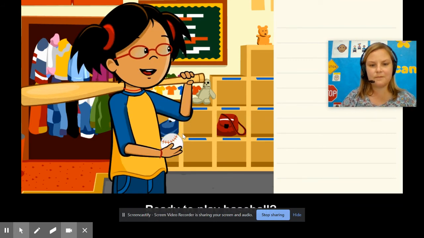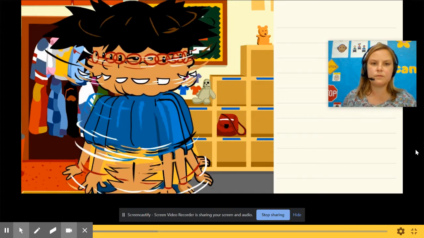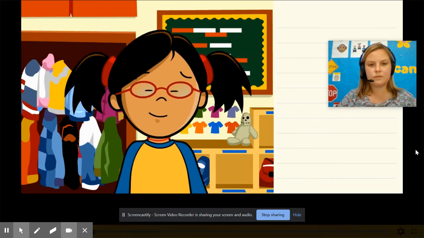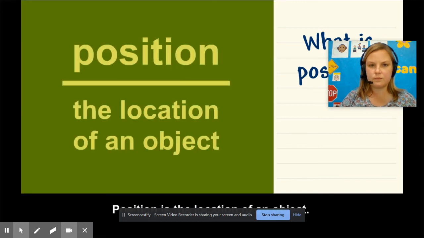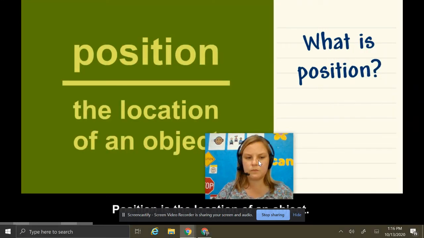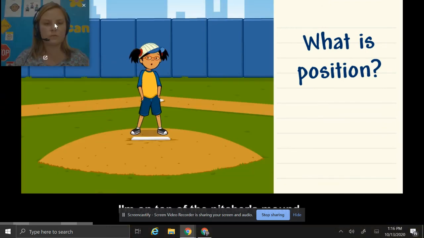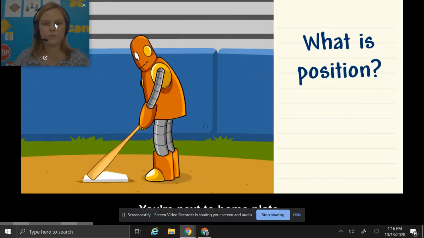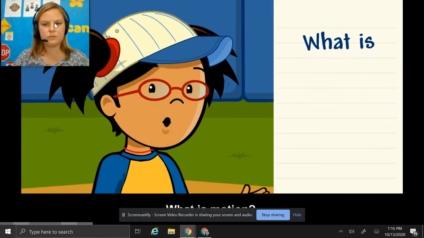Ready to play baseball? Hey, what is position? Position is the location of an object. I'm on top of the pitcher's mound. You're next to home plate. What is motion?